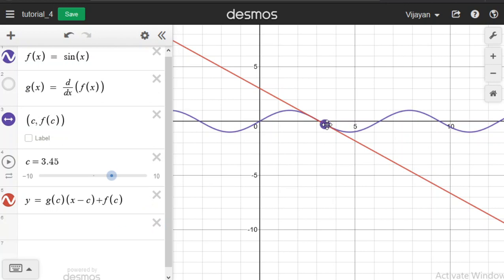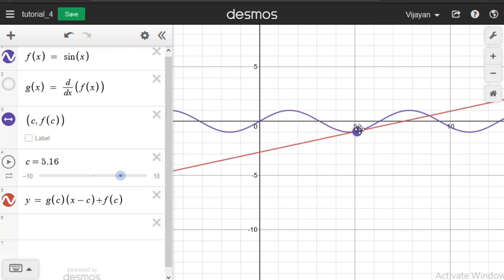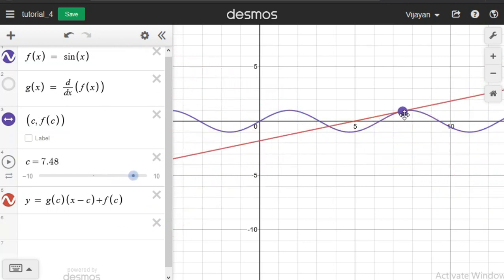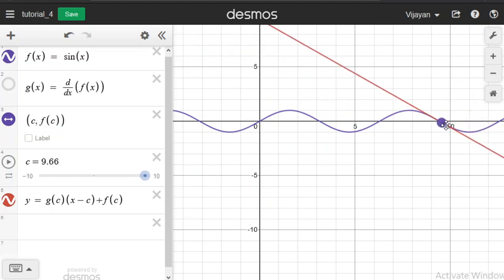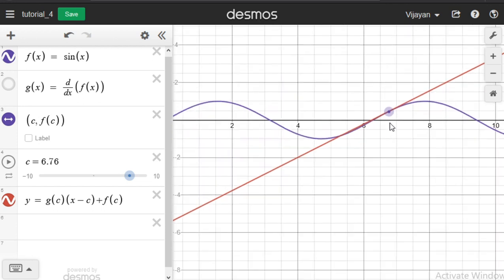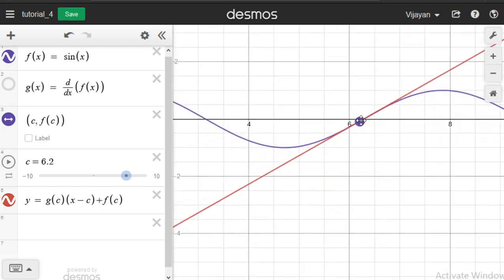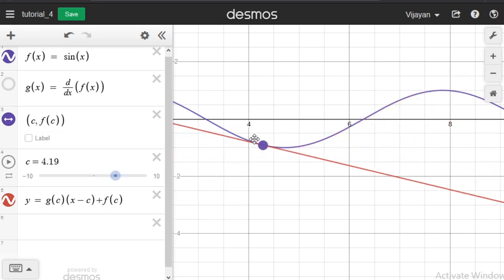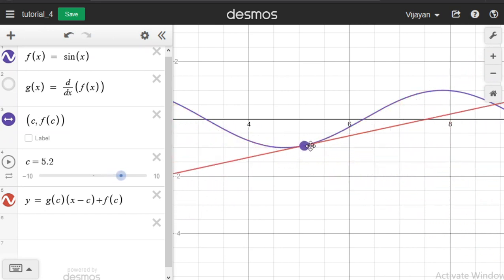Now as I move the point along the curvature of the sine, you see this straight line is also showing some activity. So what is happening? At this point, whatever the value of the slope is, this straight line has that same slope, because this straight line is the tangent of this given curve at this point. So this is how a tangent line is plotted.